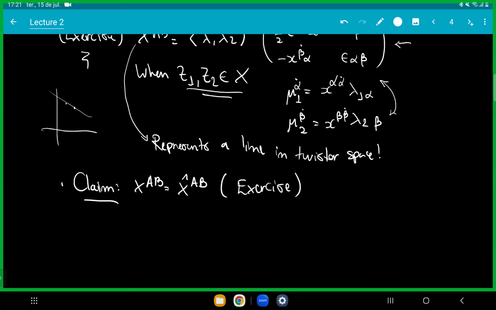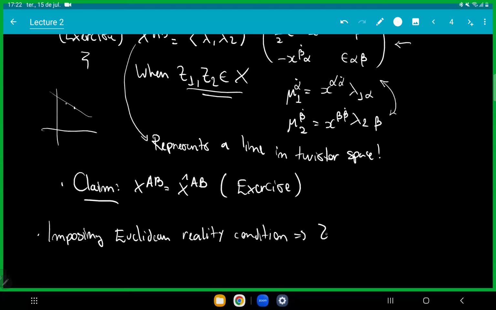If you show that this is correct, imposing the Euclidean reality conditions implies that every point, when you have a point PT, you can associate it to a point in Euclidean space.